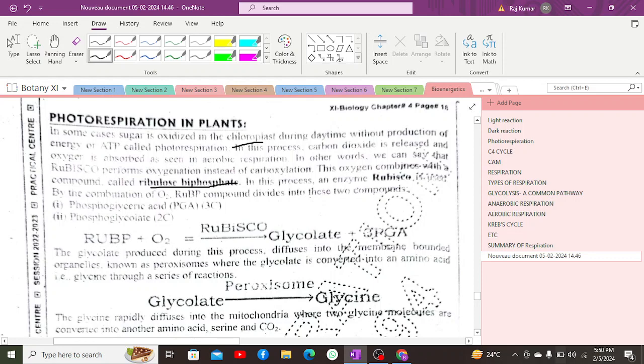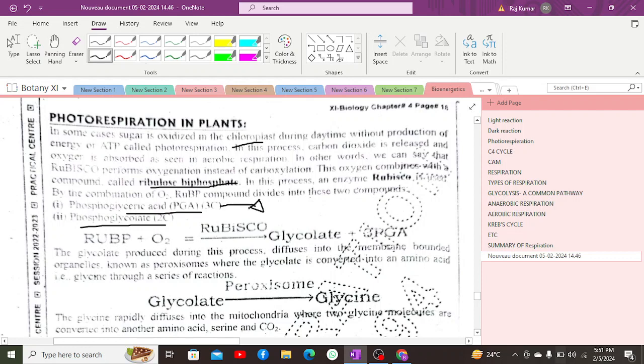In this process, the enzyme Rubisco is utilized, and it acts on RuBP such that instead of producing two phosphoglycerate molecules, it produces two different compounds. The first is phosphoglycerate, a three carbon sugar, and the other is phosphoglycolate. Now, the phosphoglycerate obtained will go inside the Calvin Benson cycle.